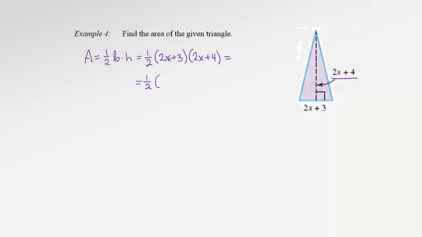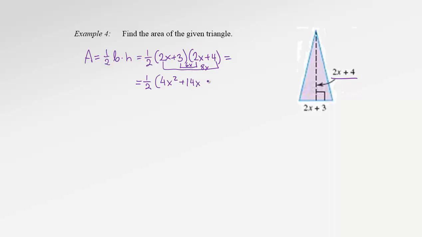Let's FOIL it. So 2x times 2x is 4x squared. Can we try to FOIL it in a more efficient way? Let's see. For the second term, we can multiply the inner terms, which is 6x, and the outer terms, which is 8x. So 6x plus 8x is 14x, so we can write at once 14x.